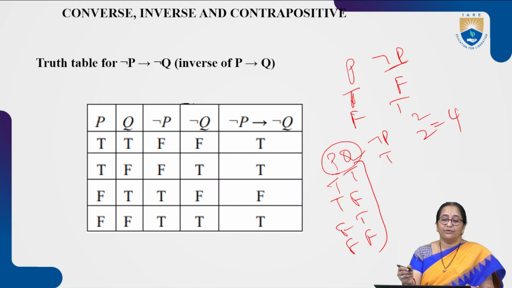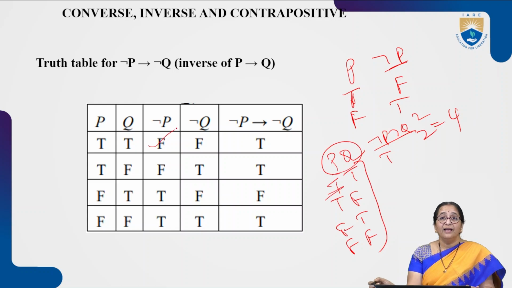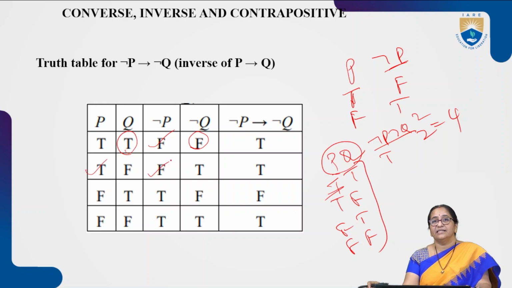Next, we need to find the negation P and negation Q values. Negation P means if the value of P is true, then negation P is false. If the value of Q is true, then its negation is false. We are just negating the sentences.